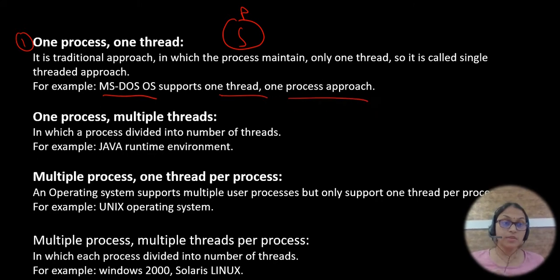Previously we used to work on MS-DOS, where you type commands to access any information. MS-DOS uses the one-to-one approach: one process can perform only one thread operation, a single threaded concept. The second one is one process, multiple threads.